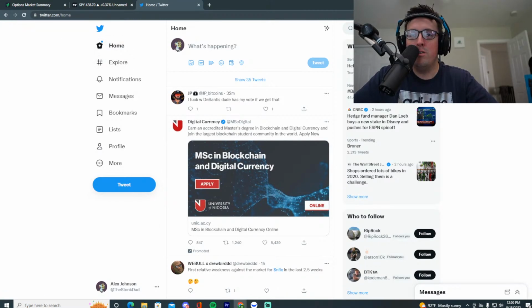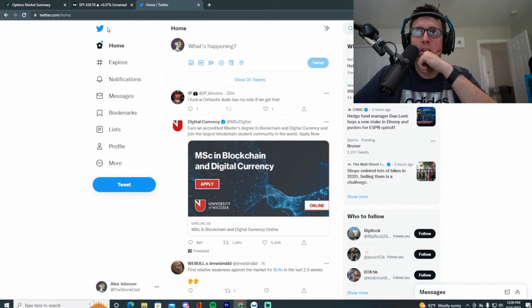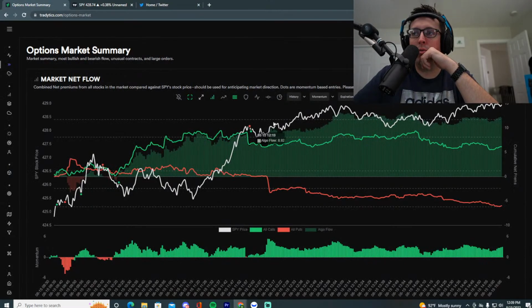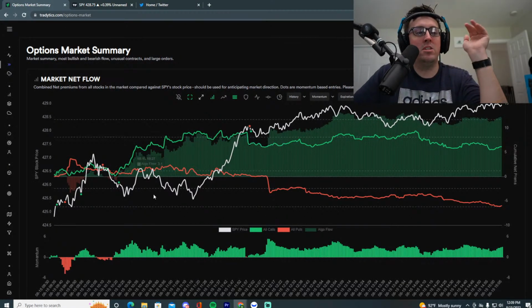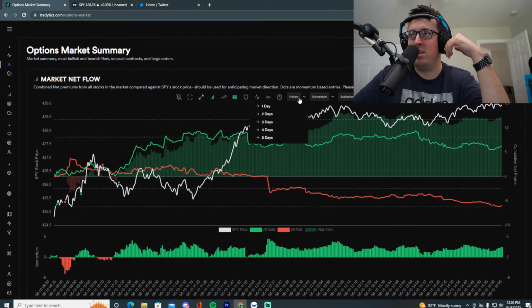Other than Del Bell. Do you use market net flow to swing trade or just intraday? So most of the time, I use it intraday. I haven't been swinging much. But you can definitely use market net flow for swing trading. If you go on my Discord, you can use time frames as commands, and you can see the history.